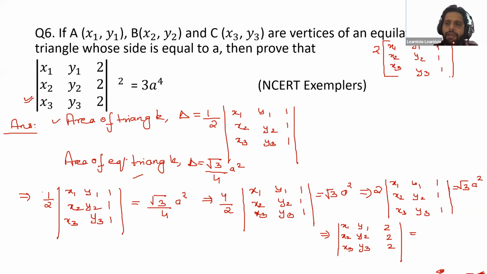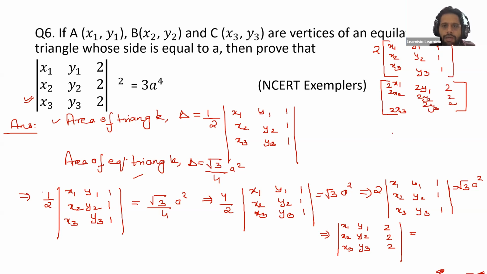If we are multiplying the matrix with 2, then all the elements will get multiplied with that number. Multiplying this with 2, the answer you will get is: 2x1, 2x2, 2x3, 2y1, 2y2, 2y3, 2, 2, 2. Okay, so I hope this is clear to everyone.